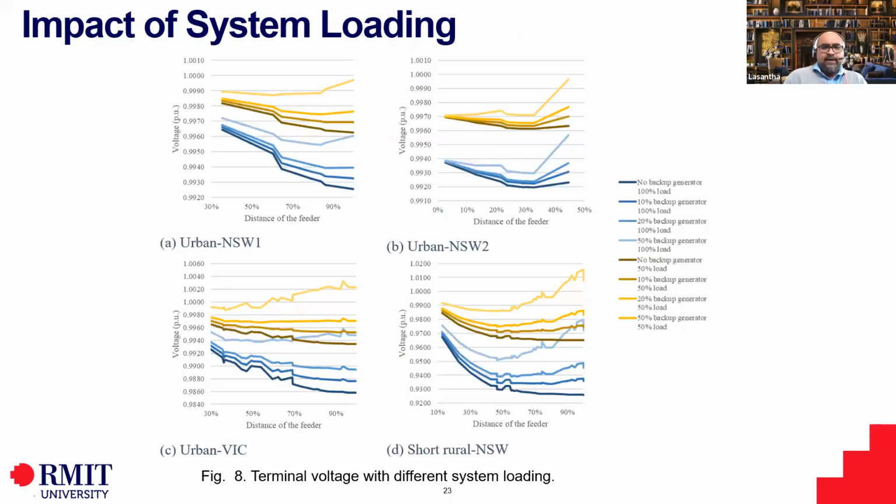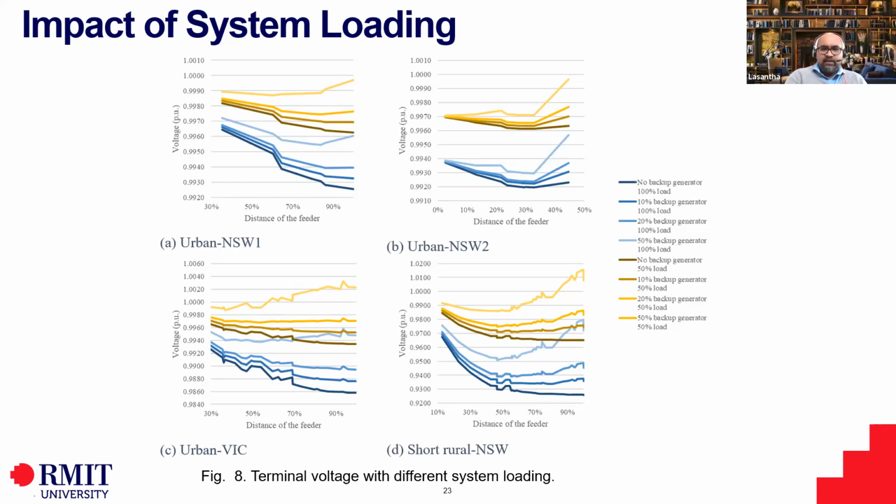And then we have looked at what would happen if we increase the loading level on the network. That means we have looked at the capacity of the generator as a percentage of the total load of the network. So what we did was incrementally increase the backup generator capacity and look at how the voltage is going to increase.